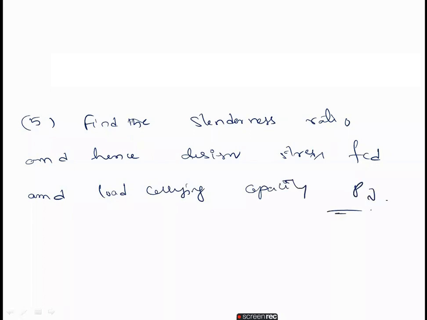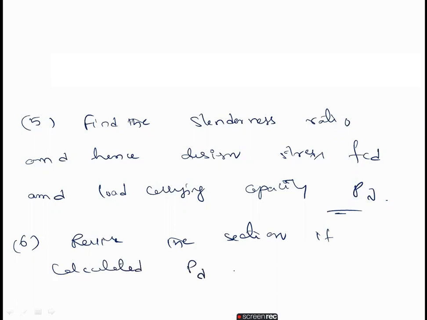So we calculate the slenderness ratio in this step, and along with it we will check FCD and PD. If it is not satisfied, what do we do? The sixth step is you have to revise the section, if the calculated PD differs from the design load.